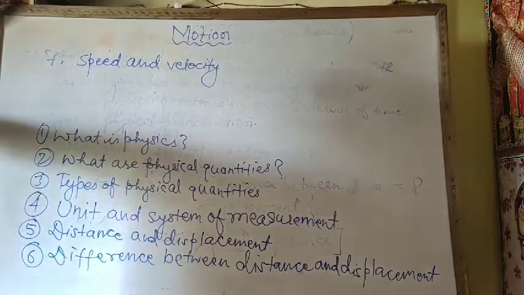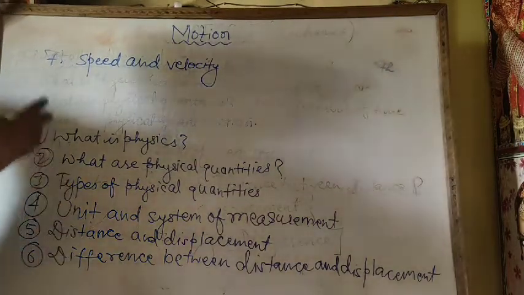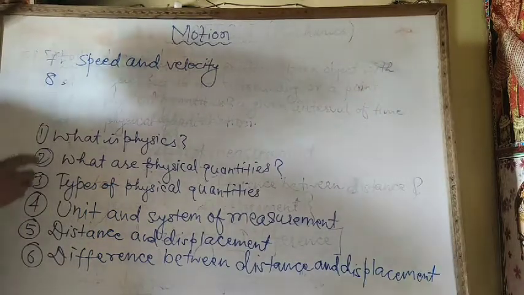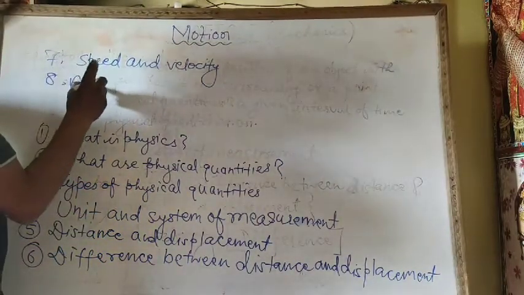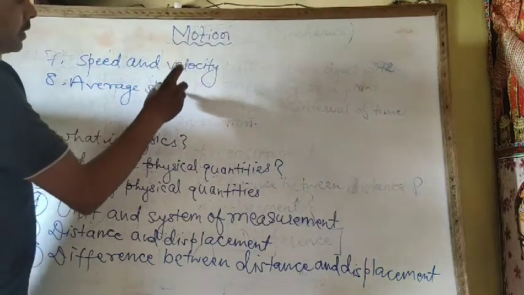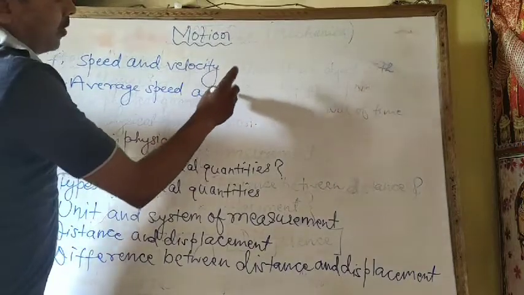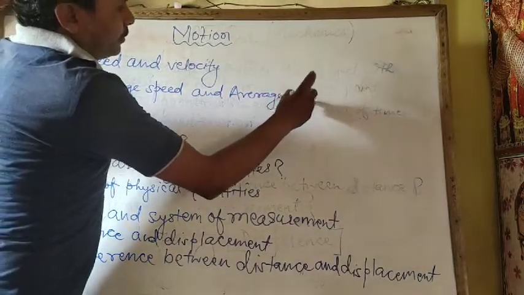The eighth term will be the average speed and average velocity.